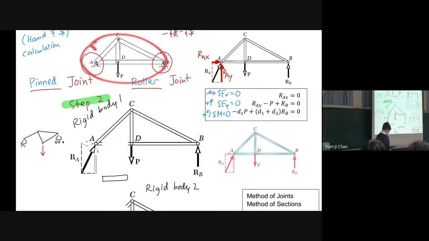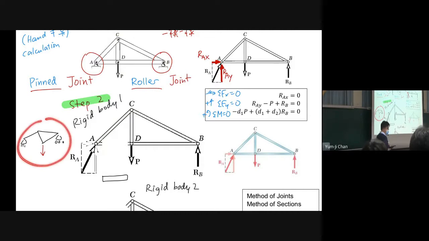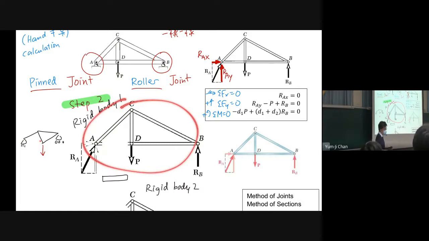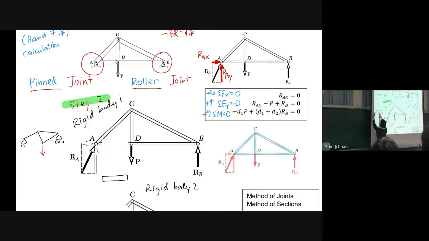So from here, how should we go back to here? We can put on two forces here, such that it can come back together. To go back to the original shape, we add two forces here.